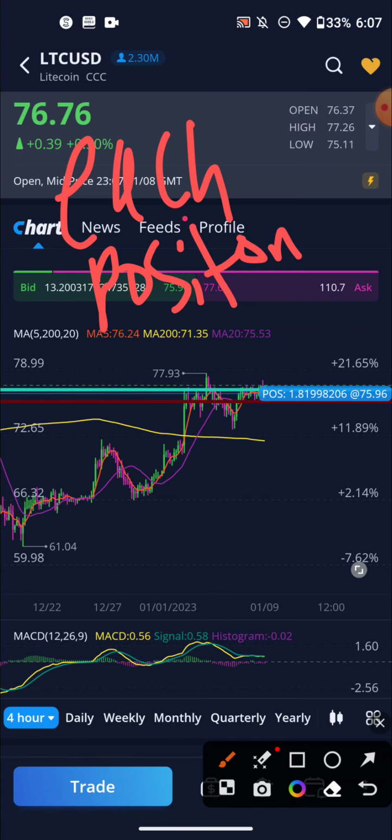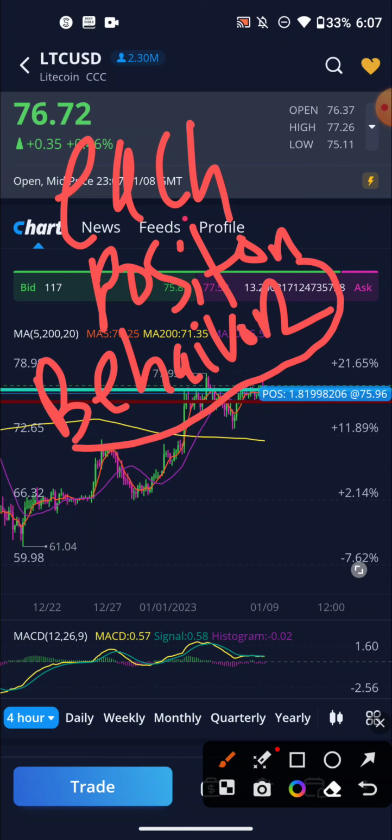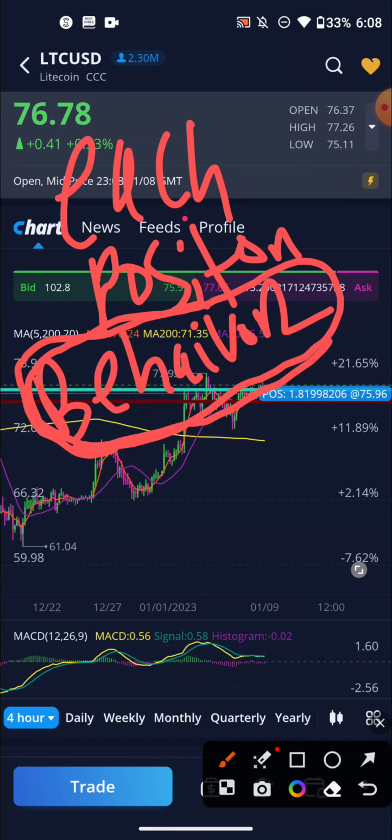Each position has its own behavior. I don't know if I spelled that right, but you get my drift. And when you're dealing with one position, you can run the same position over and over and over again. You gotta understand the behavior of the position.